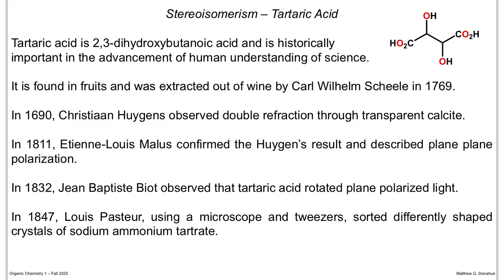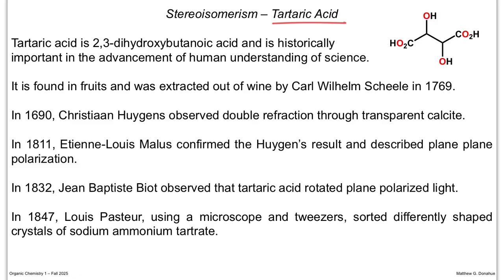So we're going to look at another case related to this and how all of this stuff kind of evolved. And that relates to tartaric acid. And you can see the structure up there. And we can use this same model for that. So instead of methyl groups at the end, they're both carboxylic acids.